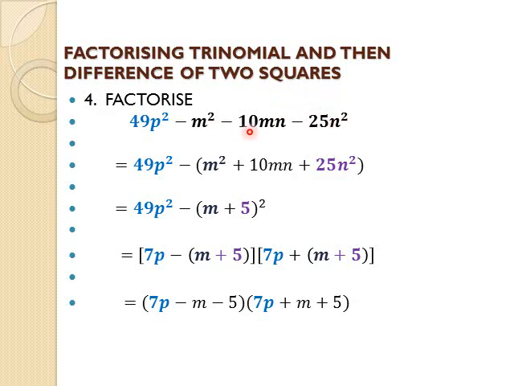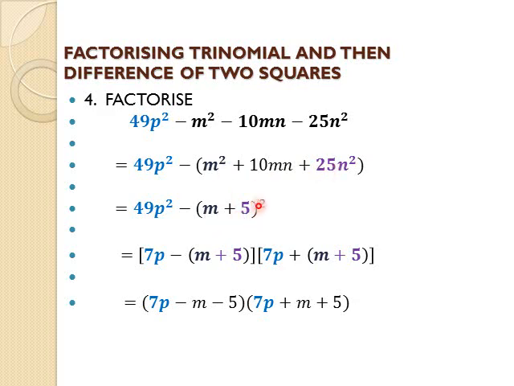So the square roots of those will always give me the middle term, so there it's a trinomial. Right? So first I take out the negative, that becomes positive m squared plus 10mn plus 25n squared. Right, if I factorize m squared, m times m, 25, 5 times 5, but you see m times 5, 5m times 2 would give me 10mn. Right, so that is a perfect square.